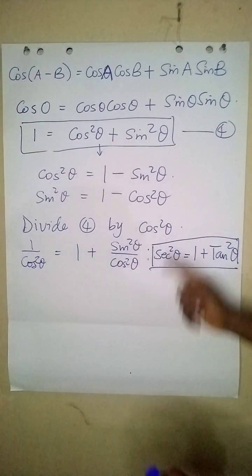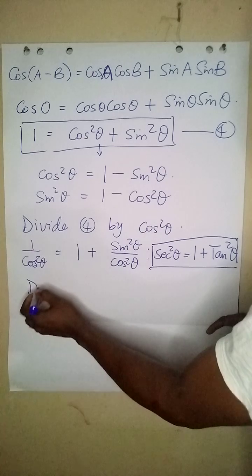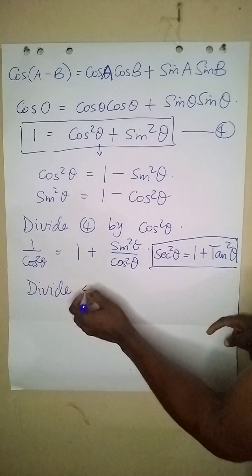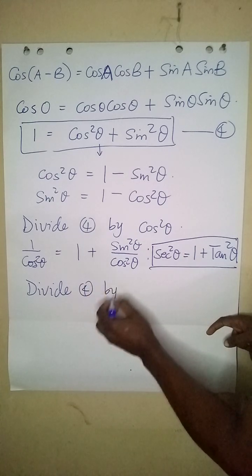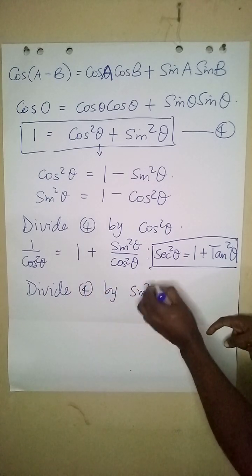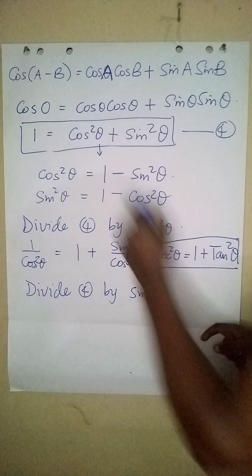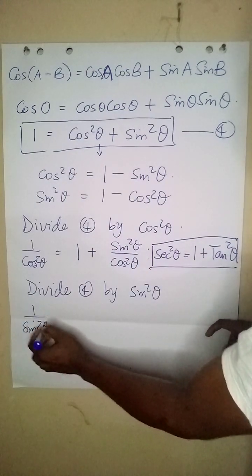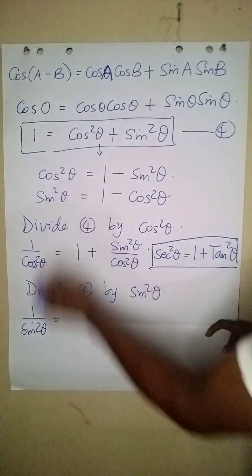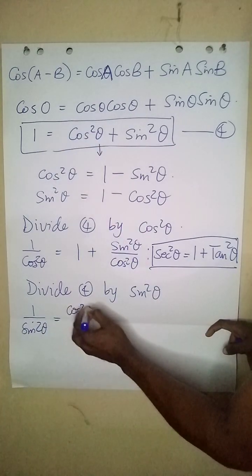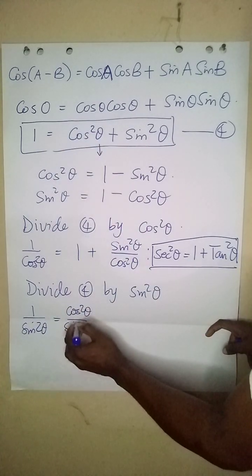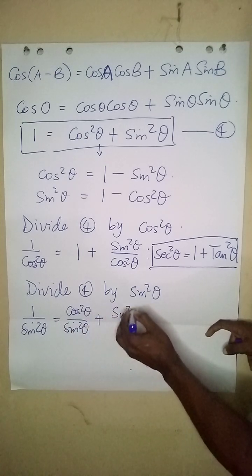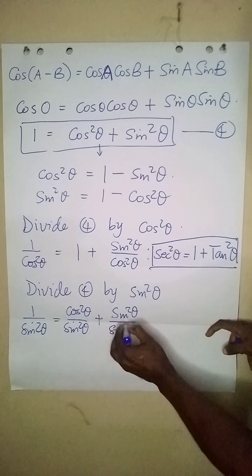So I'll also divide equation 4 by sine square theta, and that is going to give me 1 over sine square theta equals cos square theta over sine square theta plus sine square theta over sine square theta.